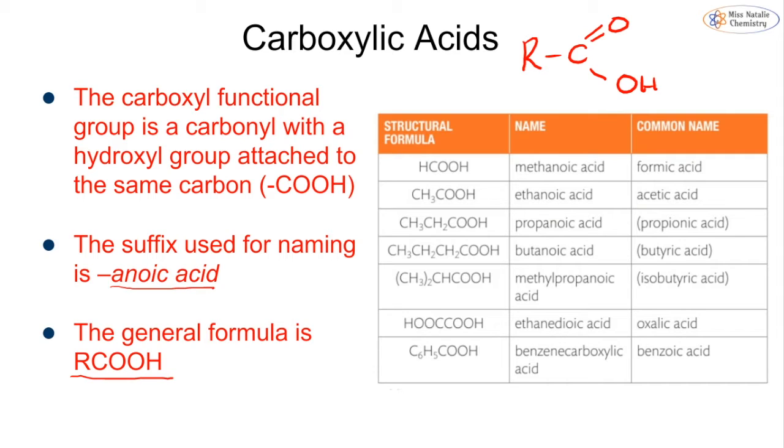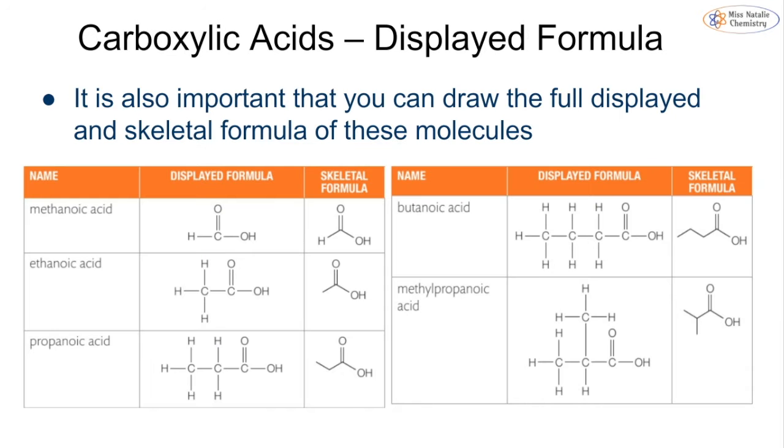As with the previous aldehydes and ketones, we also had a common name that you may have seen, so probably acetic acid may be the one that you're most familiar with, but we want to focus on the proper IUPAC names, so methanoic, ethanoic, and so on. It is very important that you can draw the full displayed and skeletal formula of these molecules, and you need to know the key molecules being the first 4 plus any branching.